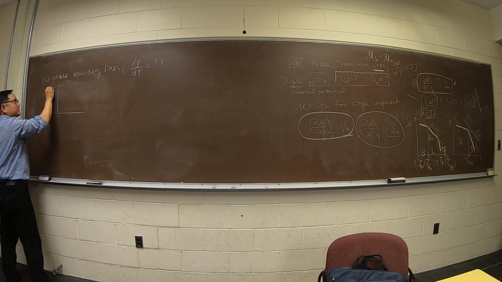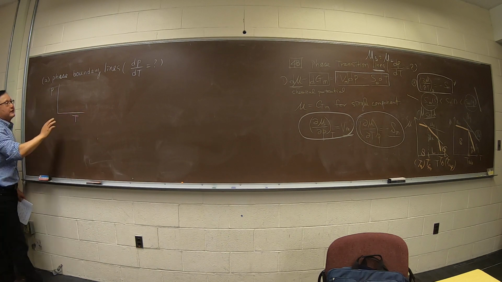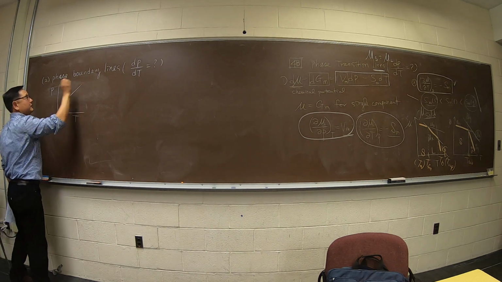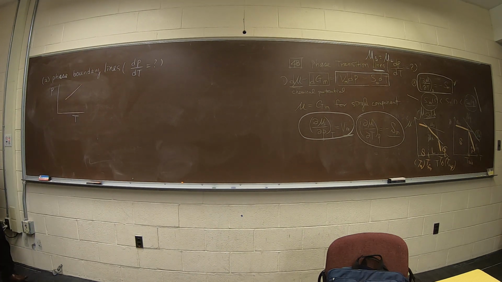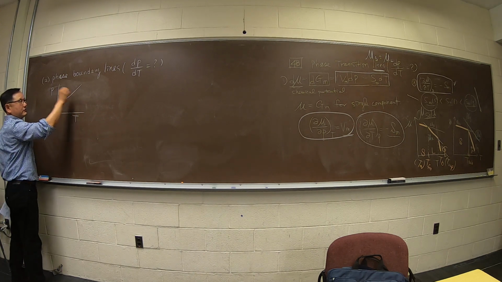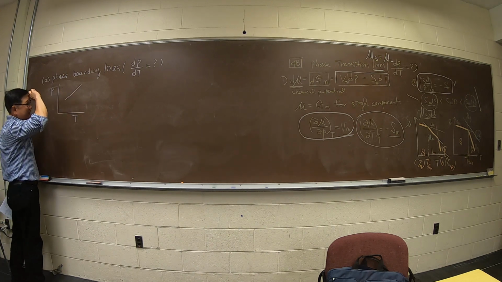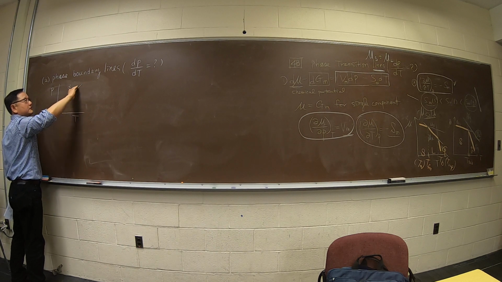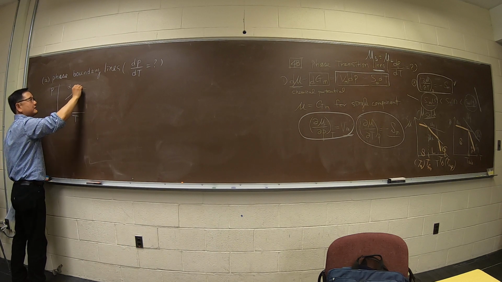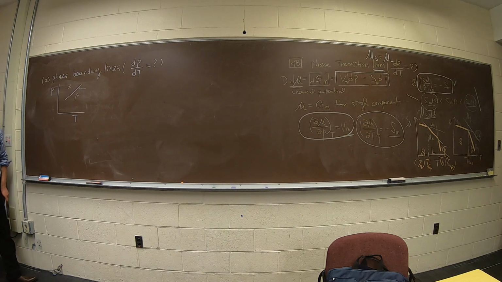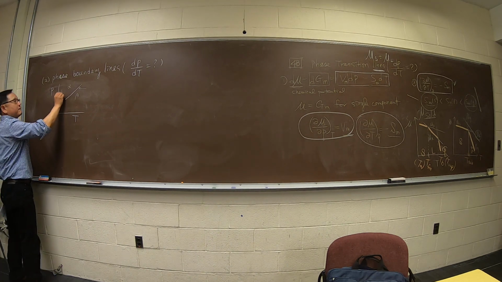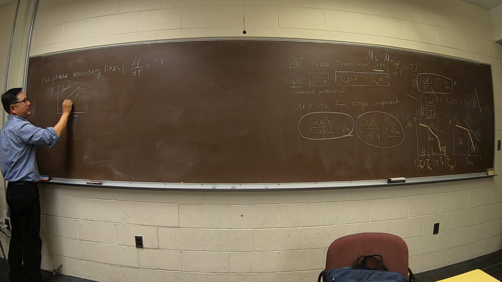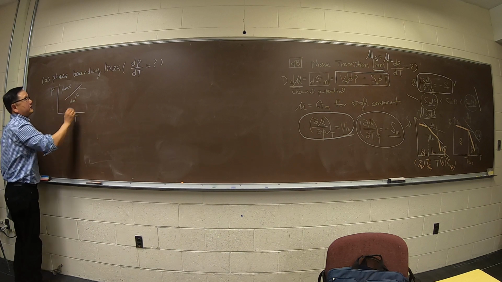So this is my pressure, this is temperature. That's my choice for the phase diagram. And I know there are phases: it could be a solid and it could be a liquid. So that's phase alpha, phase beta. This is a line, and I want to have an exact equation for this one. So this is a phase that's a solid, and this is a phase that is liquid.